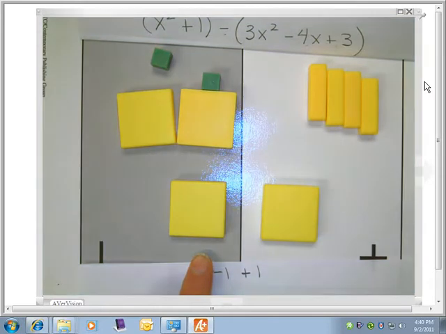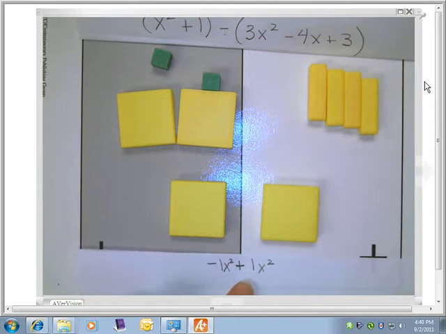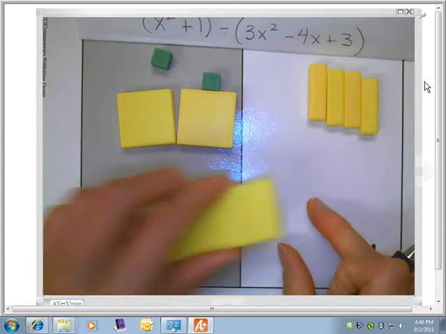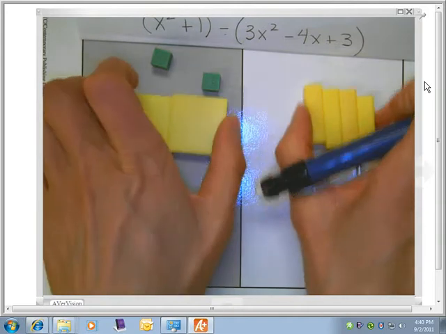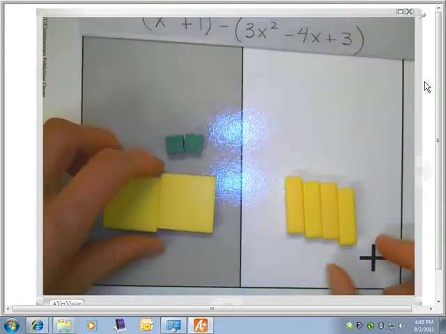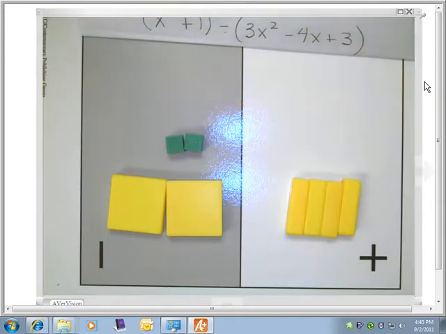I have a negative x squared and a positive x squared, so they zero out. Do I have any more things that I can zero out? No, I don't. That's it. So that's my answer.